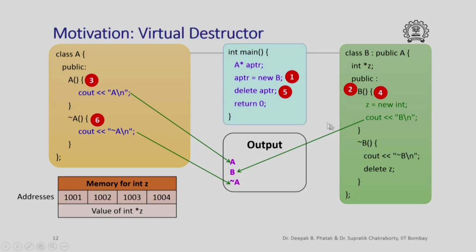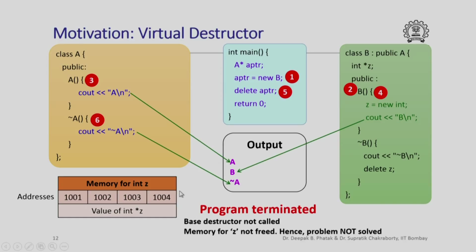I just returned 0. So note that the destructor of class B never even got called, and whatever memory was allocated for the integer Z, let us say an integer takes 4 bytes of memory, and these are the addresses of those 4 consecutive bytes in memory, whatever space was allocated for this does not get freed up.